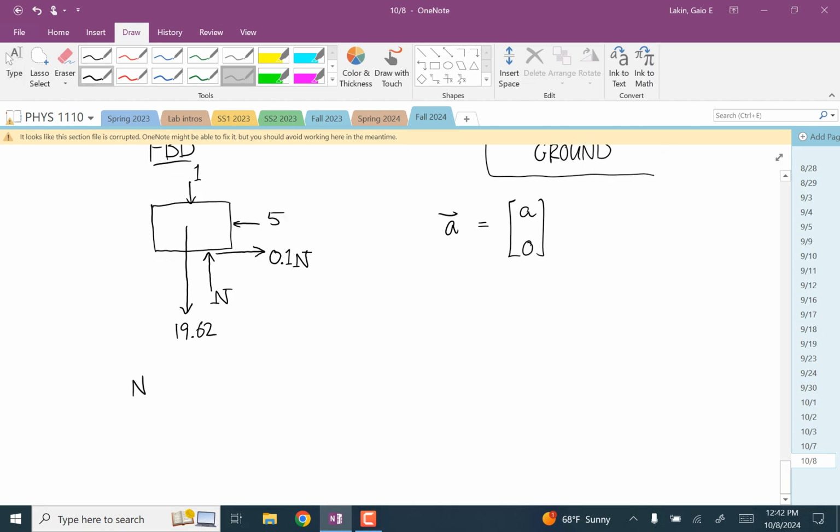Okay, so now we're going to go to Newton's second law. What are the components of the weight force vector? It's in the negative y direction. (0, negative 19.62). Yep, perfect. And what are the components of the normal force? That's in the positive y direction. (0, N). Yep, exactly.